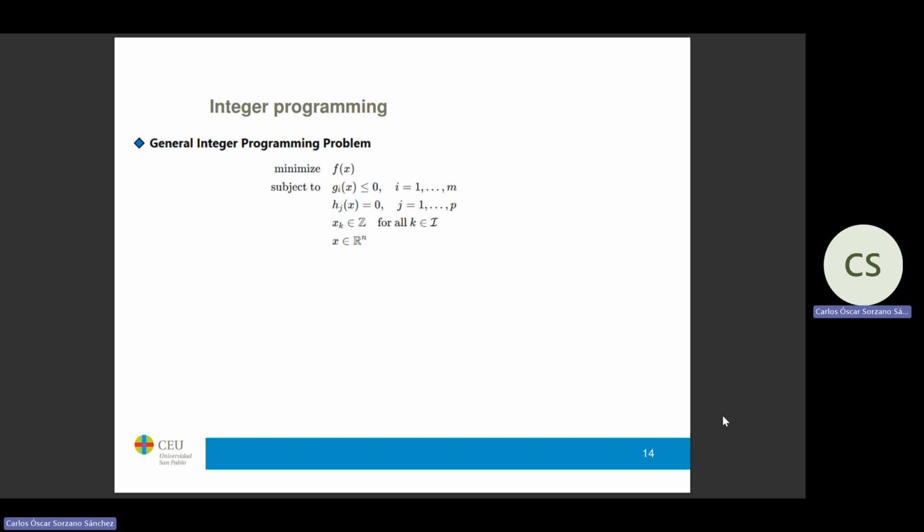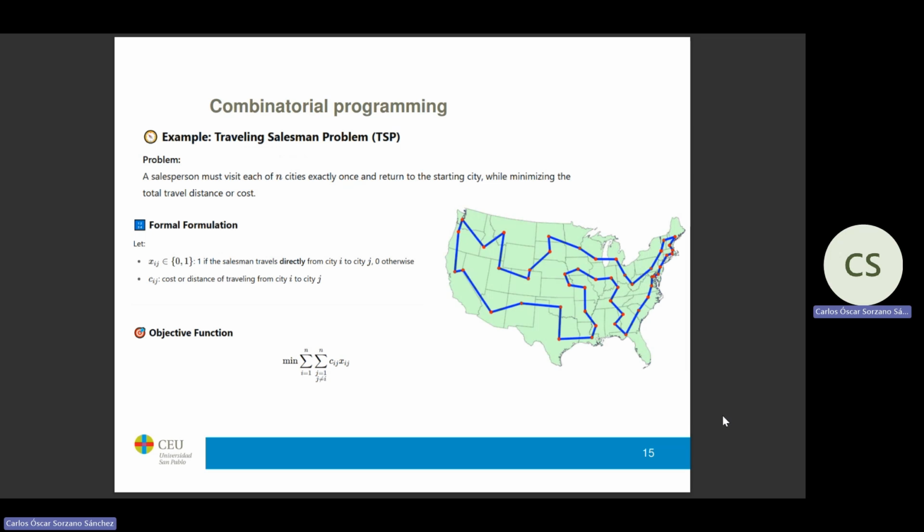And we have seen that in the general integer programming problem, you can have a mixture of integer variables and continuous variables. Then combinatorial programming can be seen as a particular case of integer problems. Not all integer problems are combinatorial, but all combinatorial problems are integer problems.